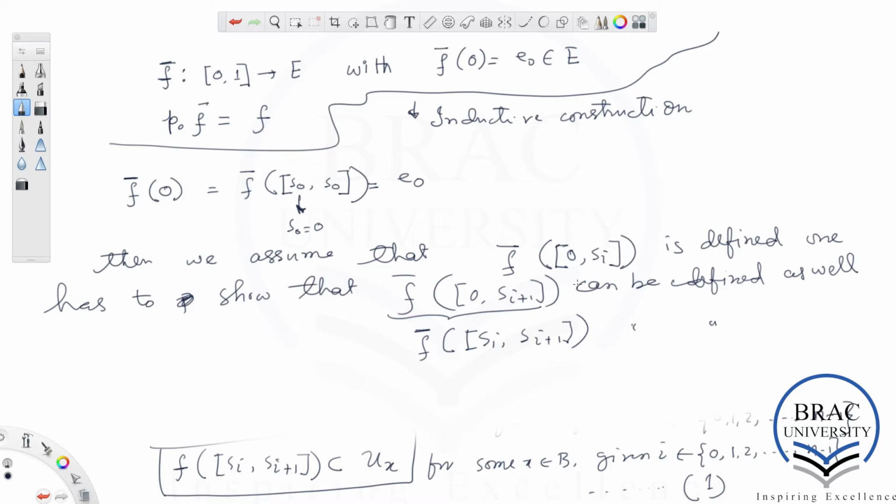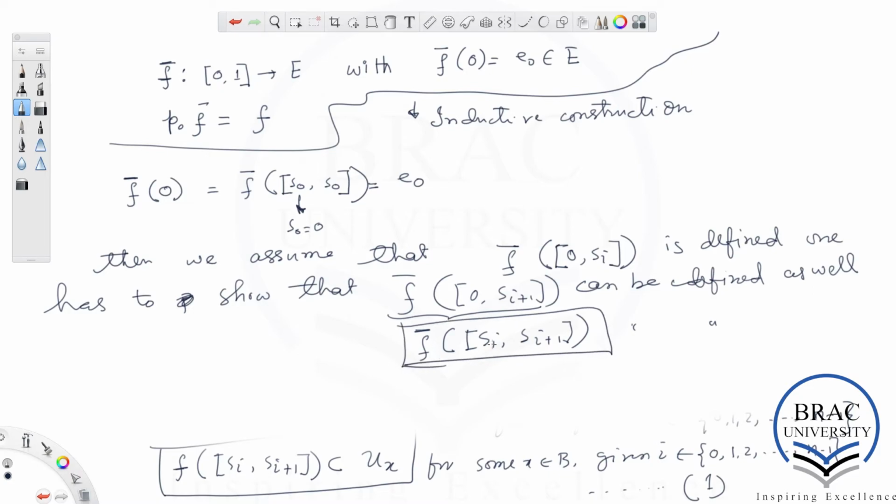Well, since F bar from 0 to Si is defined, if we can define F bar appropriately on Si to Si plus 1, then by the pasting lemma it would imply that F bar can be defined from 0 to Si plus 1.